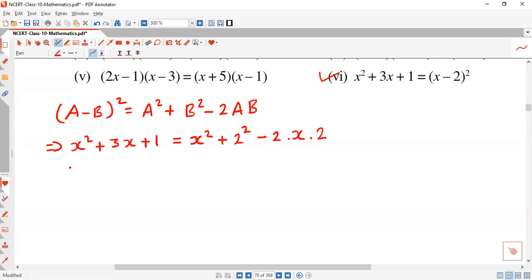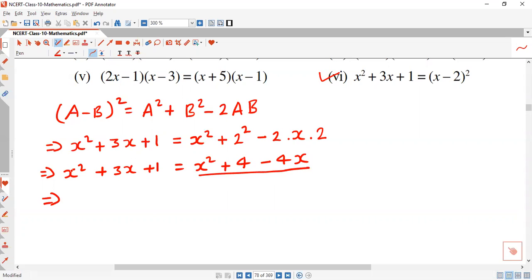Right. Now we open this one, simplify this one further. x square plus 3x plus 1 equal to x square, 2 square means 4, and then 2 into 2, 4x, minus 4x. Taking all the terms to the left hand side, this right hand side terms, we take to the left hand side. x square plus 3x plus 1 minus x square minus 4 plus 4x equal to 0.